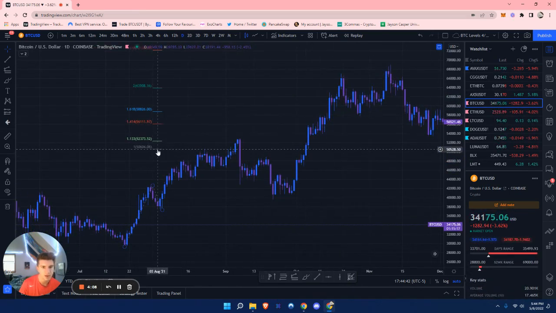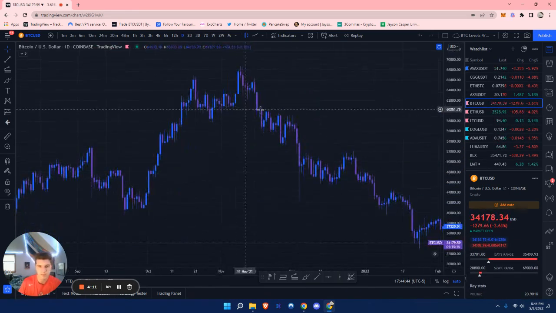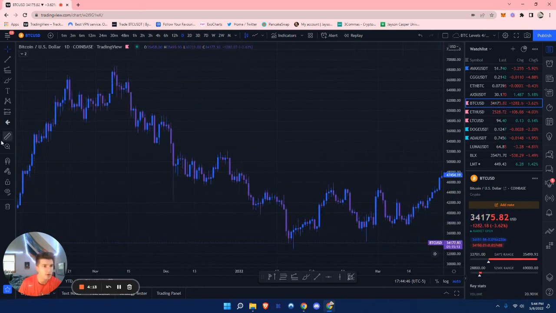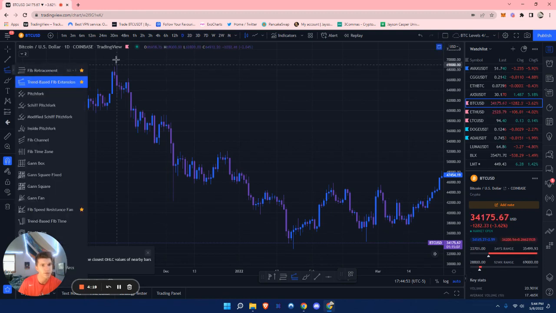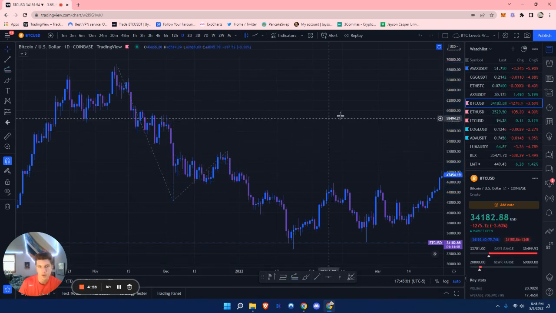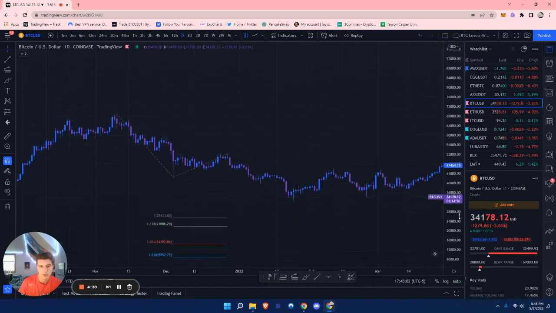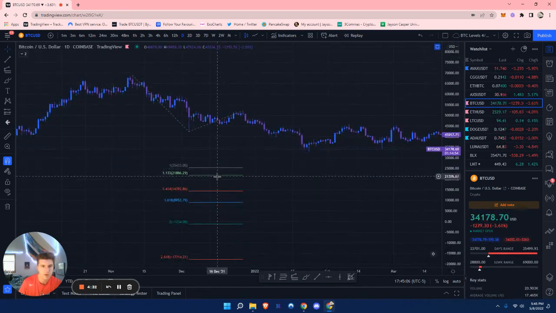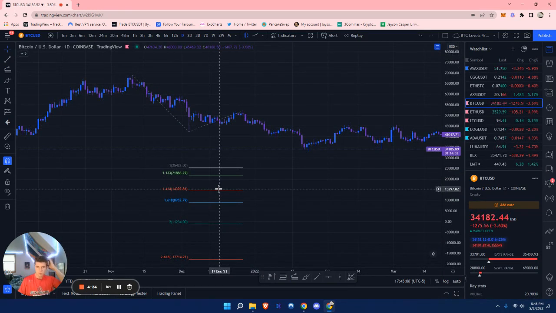So again, just pull it from a trend continuation. So we can do another example here. I like to use the magnet tool to assist me. So again, we're going to use the trend-based Fib Extension Tool. Going to go from the swing high to a swing low to another swing high, and we can read the continuation values as noted.